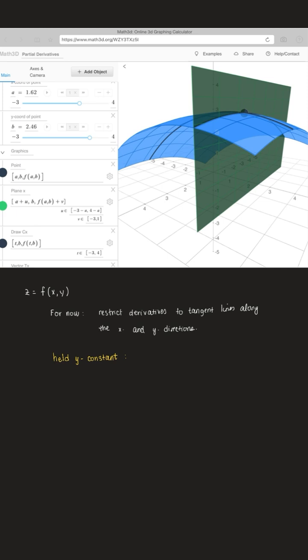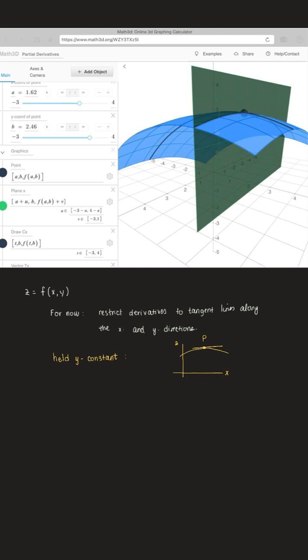So for the curve, we have the x direction, we have z, and we have a curve. And for sure, we can talk about the slope of the tangent line for that curve at a specific point P. How do we define that?